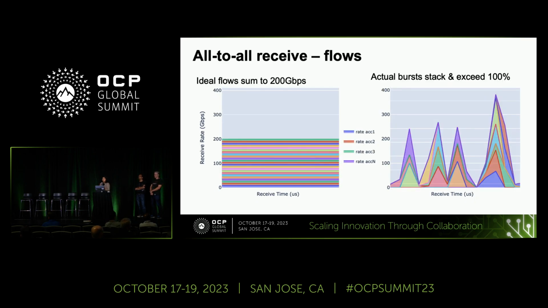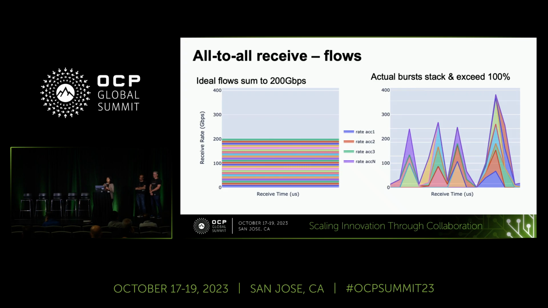Now, the chart represented here shows the view from a receiver accelerator that is receiving packets from multiple senders. The x-axis is again the time in microseconds, while the y-axis is the receive rates. The different colors here indicate the multiple flows from different senders.